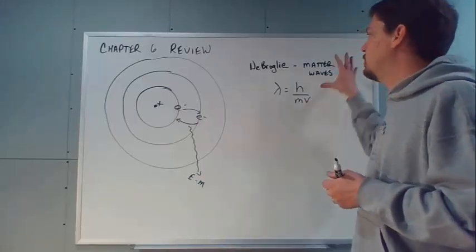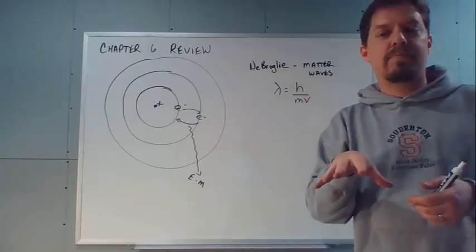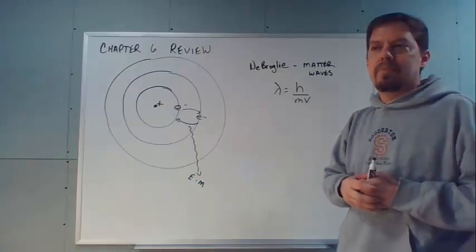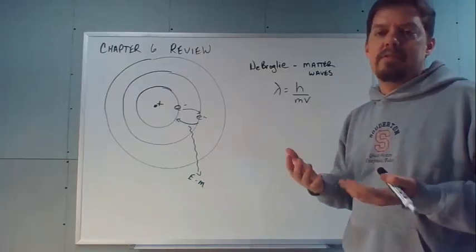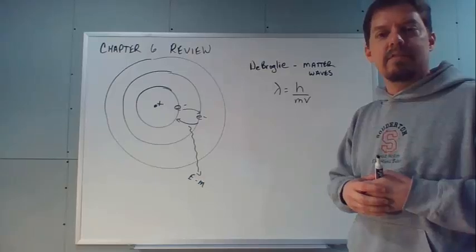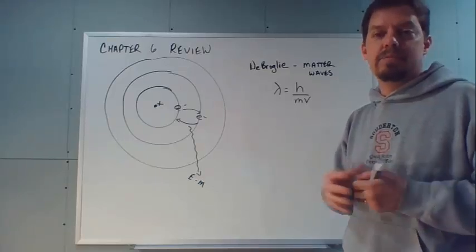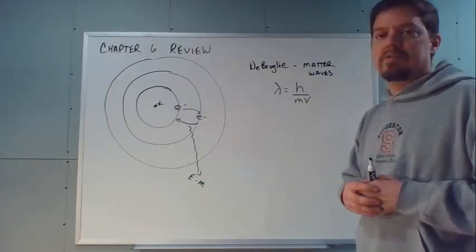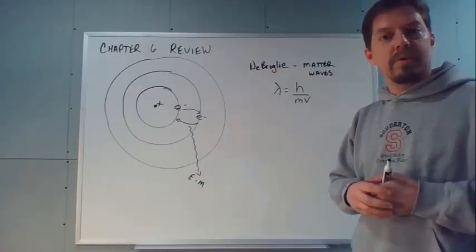So Schrödinger took the wave properties, took the probability that Heisenberg provided for him, and came up with a series of equations that started to give us our three-dimensional volumes of space where the electrons could orbit, which are our orbitals.